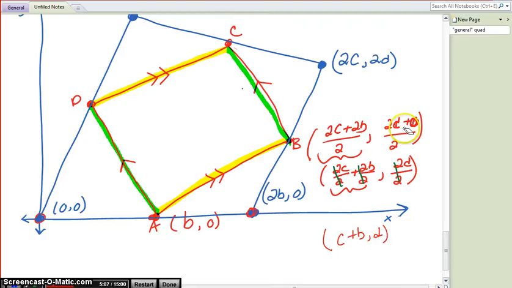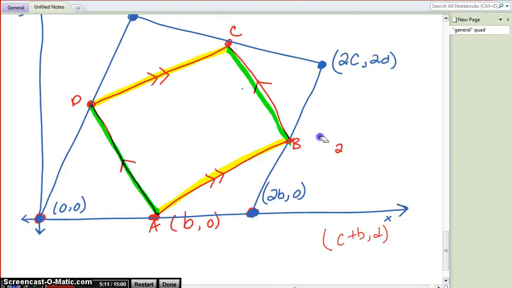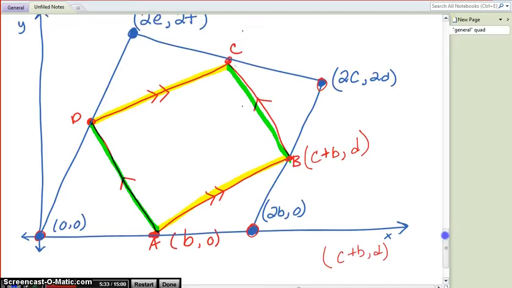So let's go ahead and bring that all up here. You can rewind the video if you want to see the average of the x's and y's done again. But the midpoint, or the distance halfway between this point and this point, has a value of c plus b, comma d. And we can do that all the way around the quadrilateral.